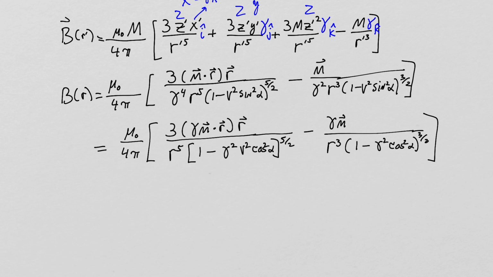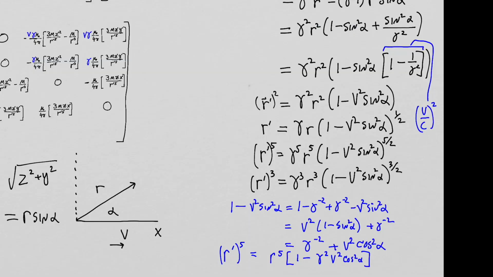Getting from here to here wasn't that obvious to me, but the paper found it a little easier to interpret the relativistic limit of this denominator as opposed to this one. But the algebra to go from here to here, I actually did it in blue down here, for what it's worth.